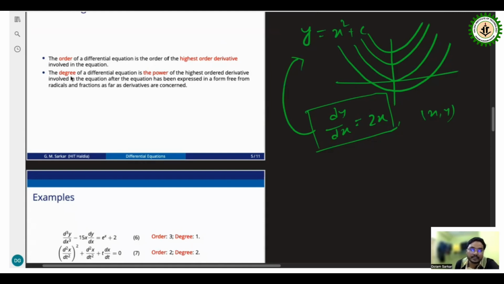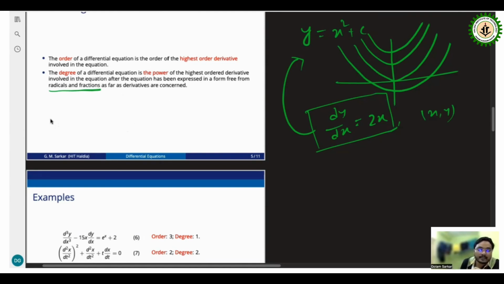Next one is degree. The degree of a differential equation is the power of the highest order derivative involved in the equation after the equation has been expressed in a form free of radicals and fractions as far as the derivatives are concerned. What is the meaning of this?